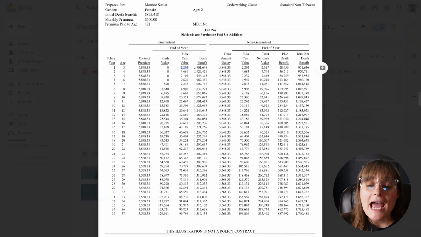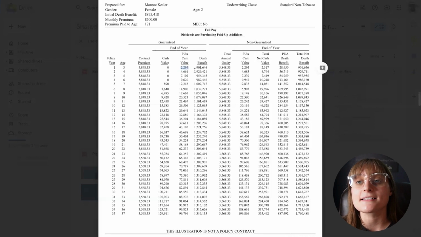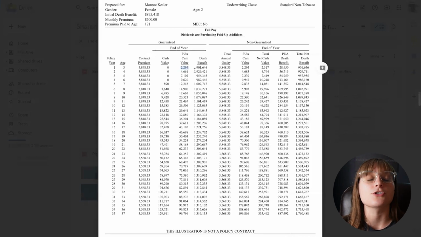She's able to have more of that longevity growth coming in from that foundation, that base premium, as the years roll on. So year one, she's got access to 38% of her premium deposit, meaning her cash value in year one is $2,300.